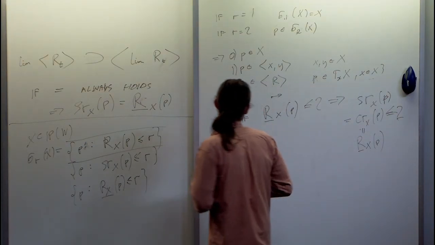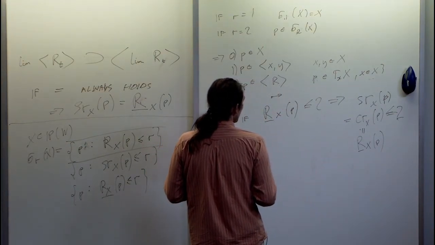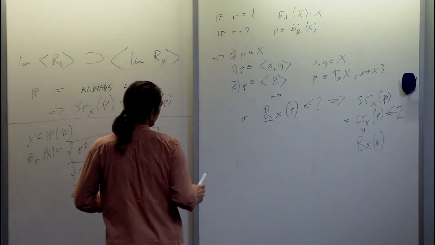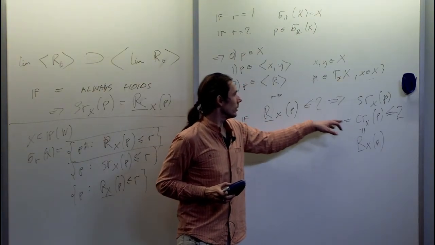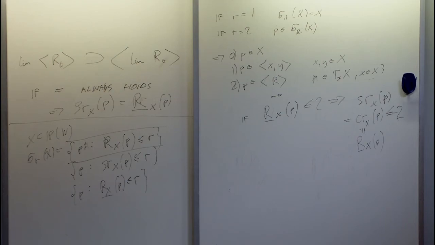For this statement it is a bit important that X is a smooth variety. And also the other implications hold true. Okay, but already for R equals 3, in the interesting cases, we have failure of this equality.